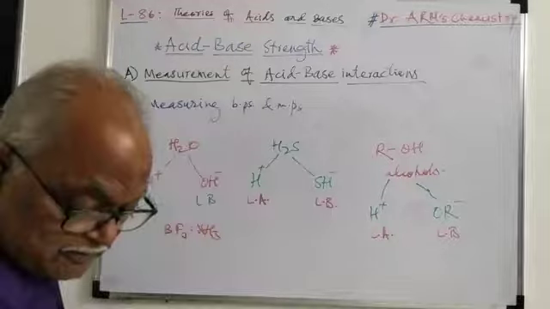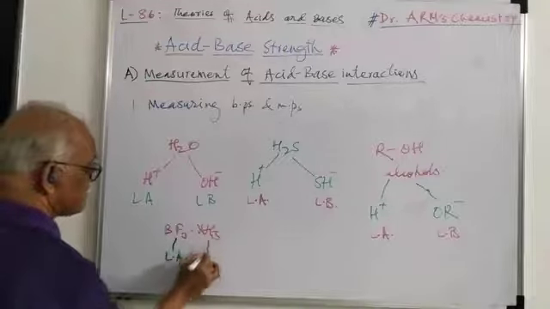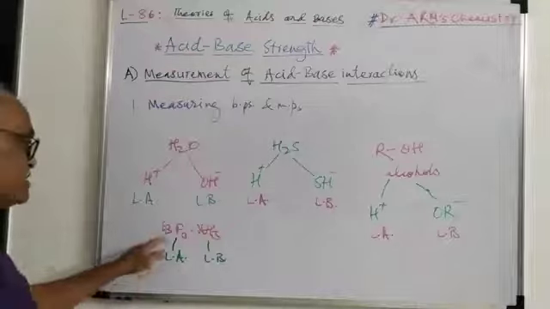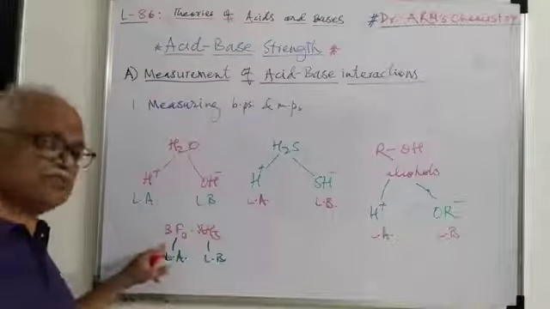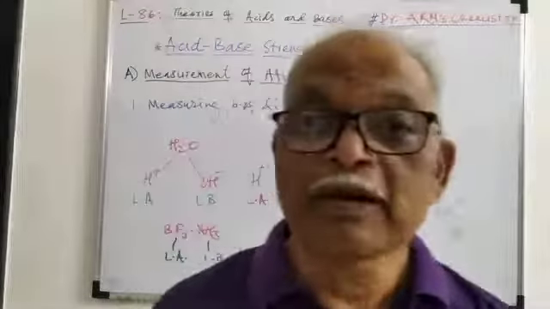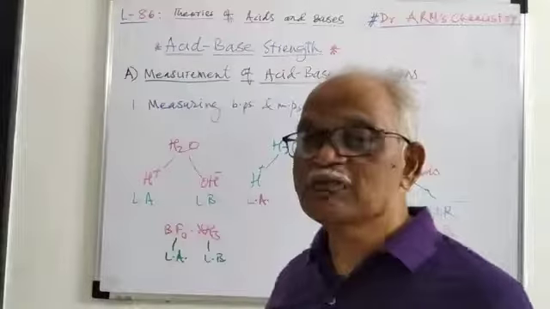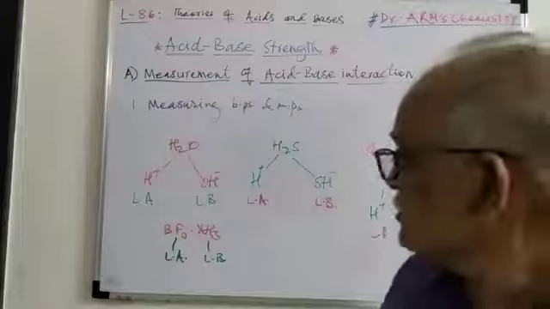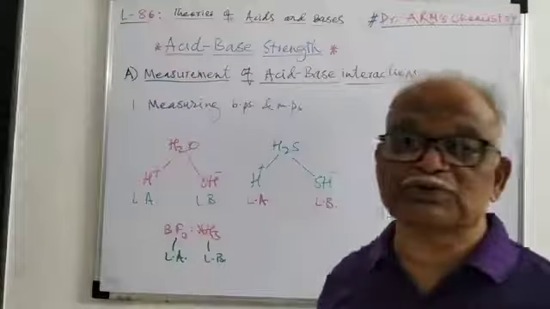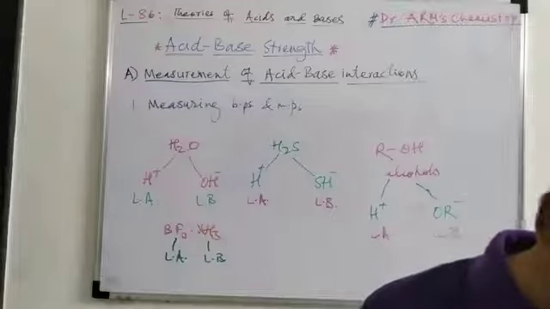Here we have this Lewis acid and this Lewis base. The Lewis acid is very strong, and the Lewis base NH3 is also very strong, and therefore their interaction is very strong and gives a more stable product. The strength of the bond between boron and nitrogen is also very strong, and that is why the product is much more stable.